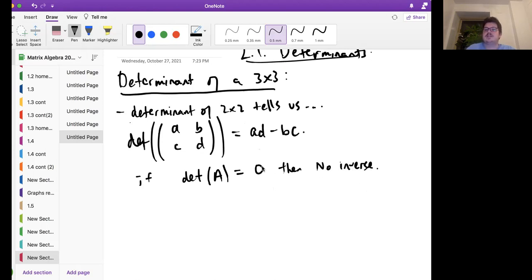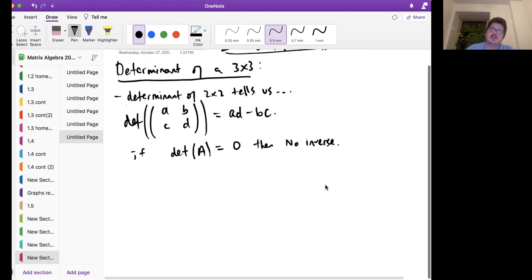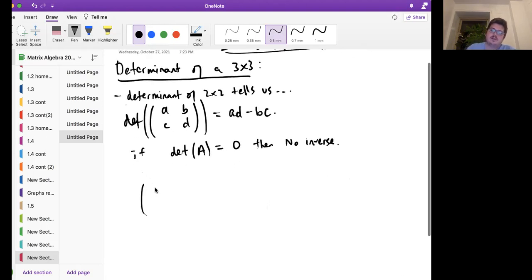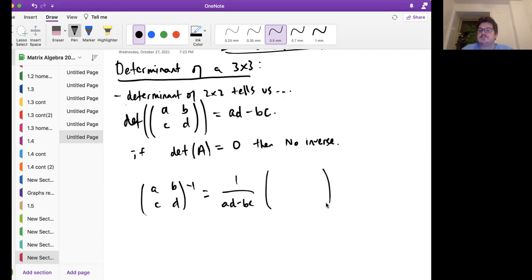Right, and this is because in the formula of the inverse, which we can write, which was 1 over AD minus BC. And anyone remember the entries? Like, what's the first row? D, yeah, the diagonal switch.